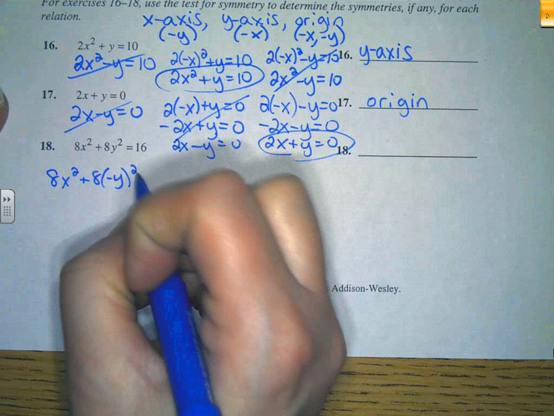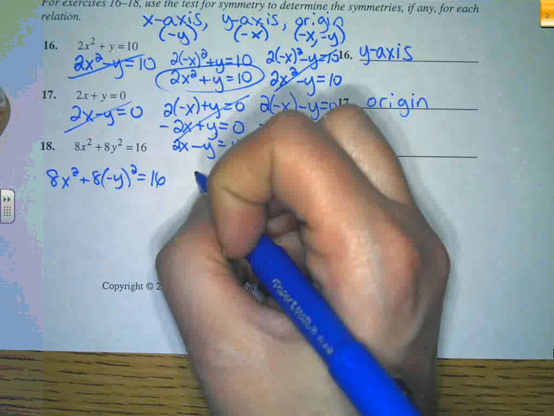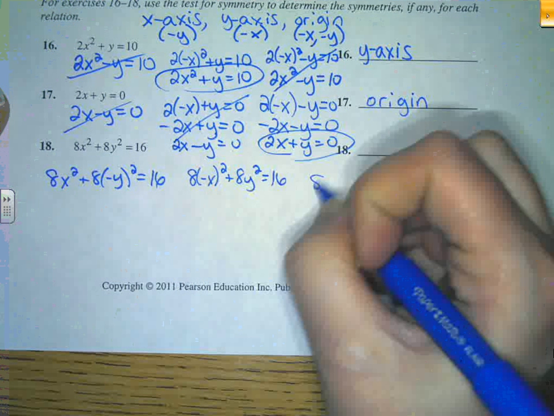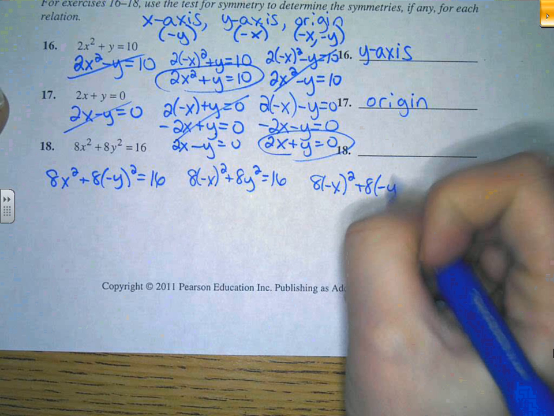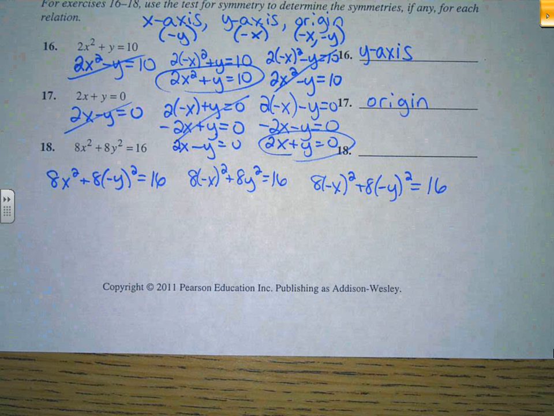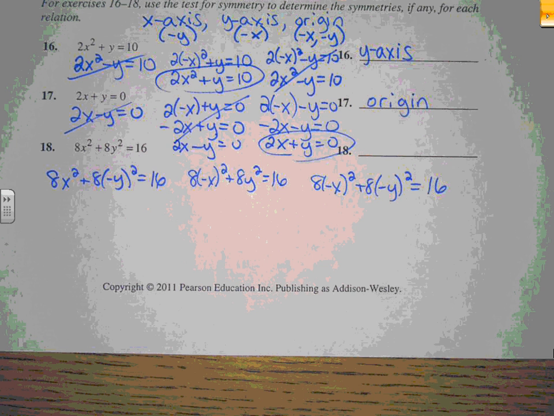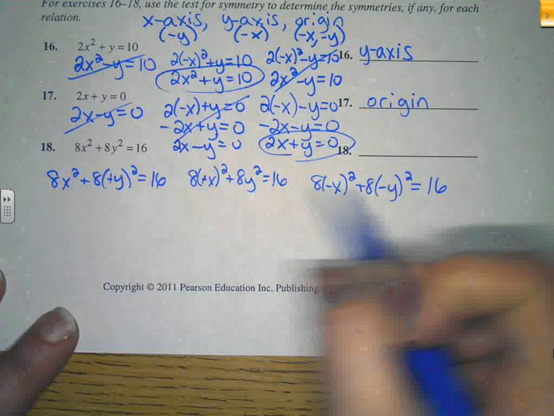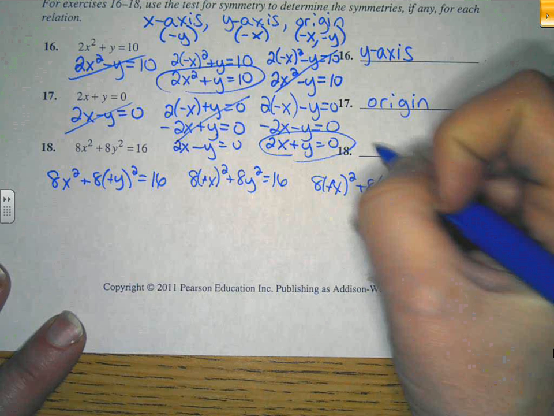It should be pretty easy when they're something squared. Anyone know? All three, right. Something squared makes it positive, so every single one of them is the same thing. Say all.